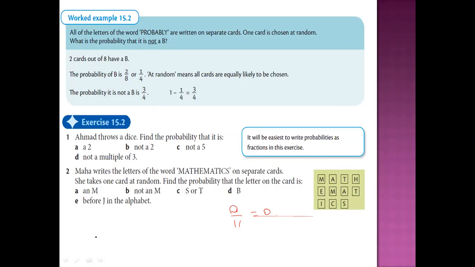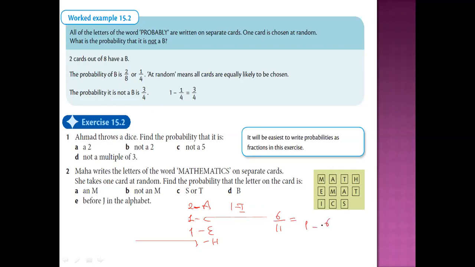There I have already written 2 A's, because in the word mathematics we have 2 A's, and C, there we have only 1 C. So I want to write here 2 A's and 1 C, 1 E, 1 H, and 1 I. So there we have how many letters? 1, 2, 3, 4, 5, and 6. 6 over 11.